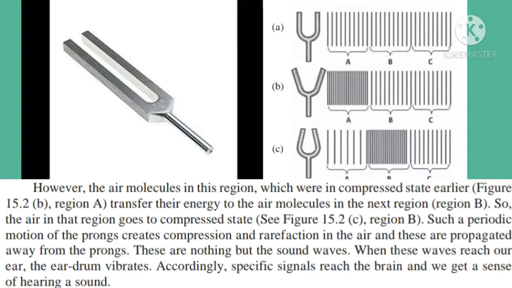See, you can see in the figure 15.2c, region B. Such a periodic motion of the prongs creates compression and rarefaction in the air, and these are propagated away from the prongs. These are nothing but the sound waves. When these waves reach our ear, the eardrum vibrates. Accordingly, specific signals reach the brain and we get a sense of hearing a sound.